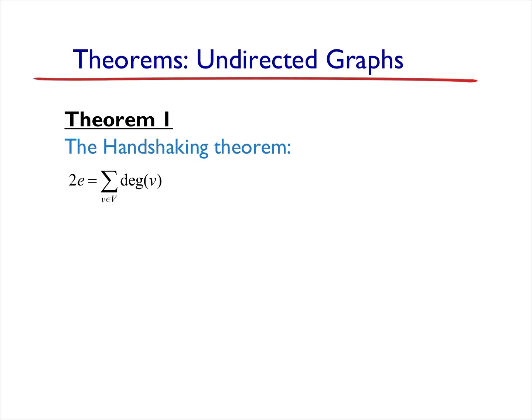That's why when you add up all the degrees of all the vertices, you end up with double the number of edges. Any questions about the theorem? What does it mean? Which degree is it? Undirected graph. Undirected graph does not have in and out. Any other questions? Okay, that's the first theorem.